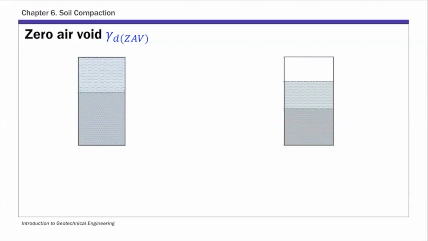This gamma D ZAV can be calculated using specific gravity, water content, unit weight of water, and degree of saturation. So we can express the unit weight of soil using these quantities.